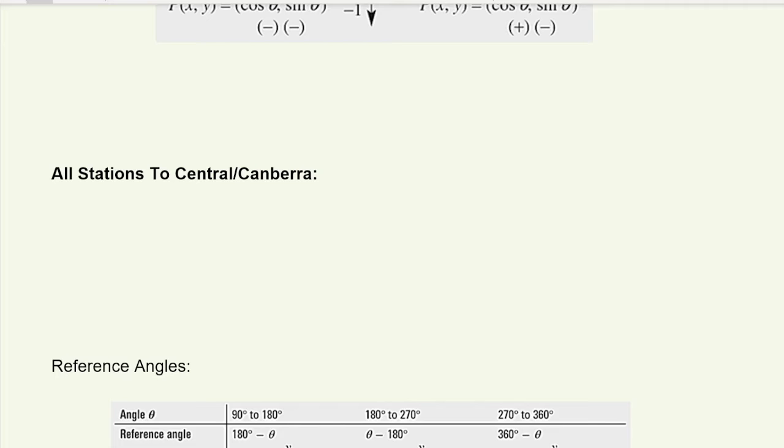So let's draw up a quick little quadrants coordinate plane, and let's label our quadrants.